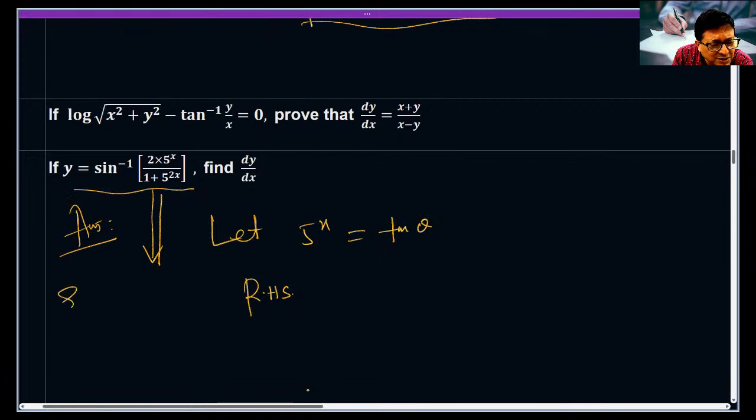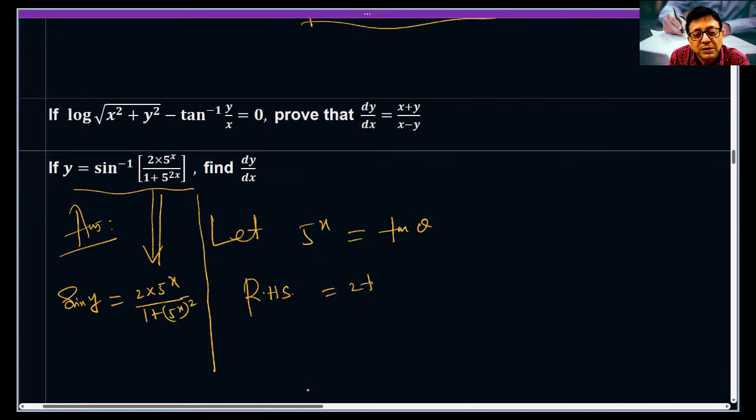This implies what? Sin y equal to 2 times 5 to the power x by 1 plus 5 to the power 2x, which is nothing but 5 to the power x whole square. So RHS will be what? 2 tan theta by 1 plus tan square theta. 2 tan theta by 1 plus tan square theta is sin 2 theta, isn't it? This is sin 2 theta.